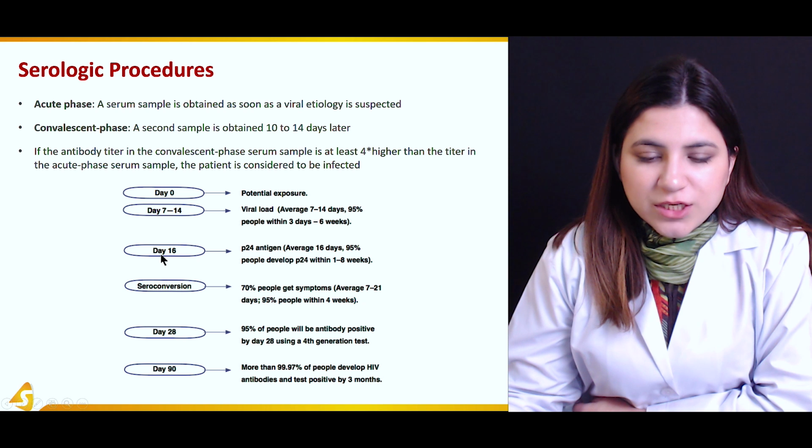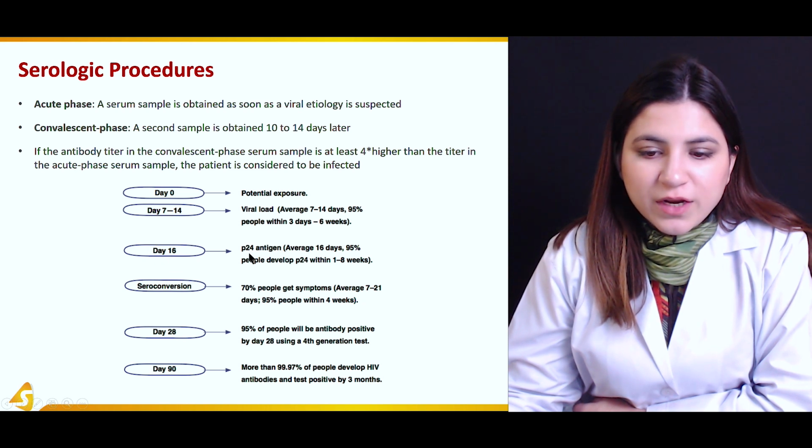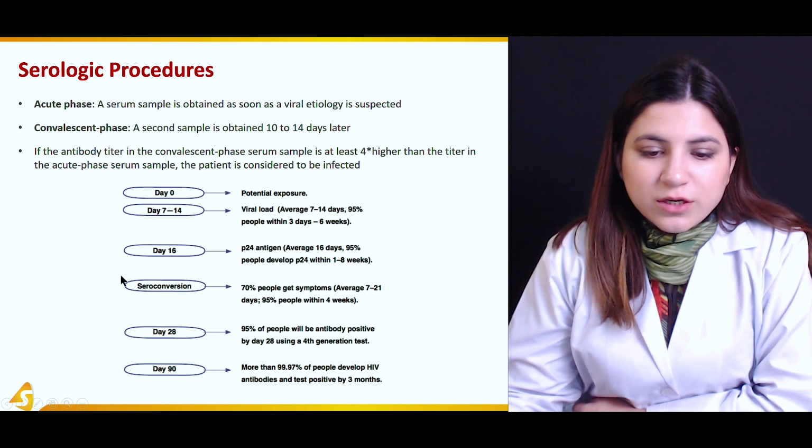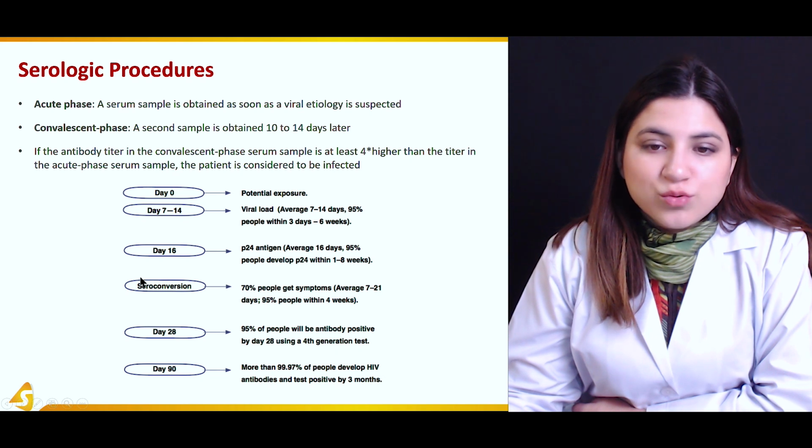Then after day 16, the P24 antigen, which is the HIV specific antigen, will develop, and then there's seroconversion, which is when you can start seeing the symptoms, and when the antibody titer rises inside the patients.